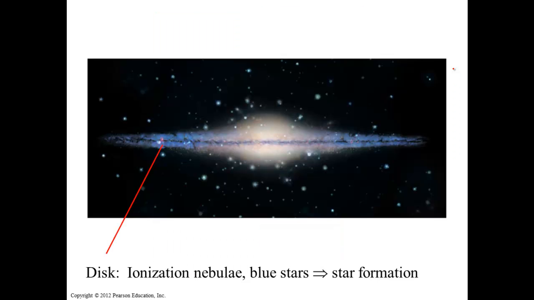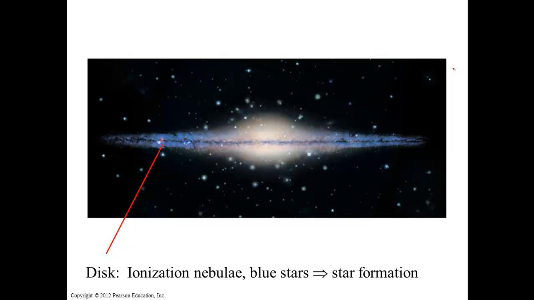So I'm going to make some compare and contrast of material in the disk versus material in the halo region. You see the disk here. If you are a young family, this disk area is where you want to be. It's where it's happening. That's where stars are being formed.